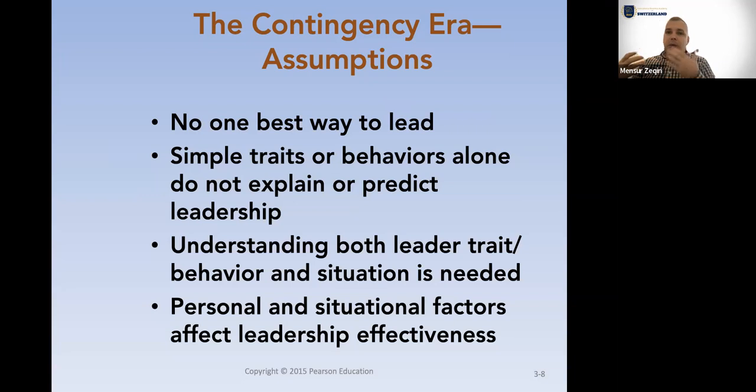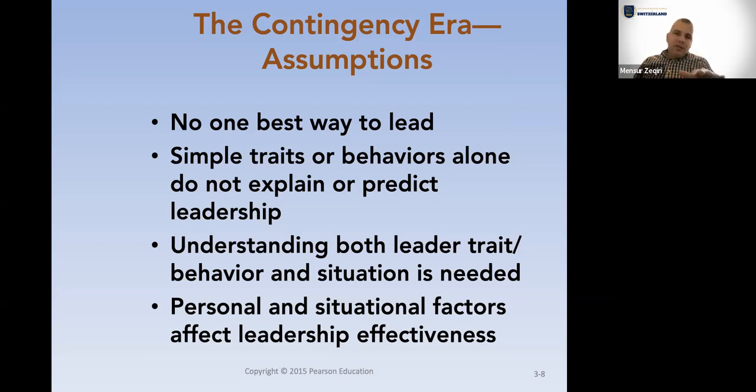So it's the situation that will determine. The primary assumption of this contingency view is that the personality, the style or behavior of effective leaders depends on the requirements of the situation in which those particular leaders find themselves.